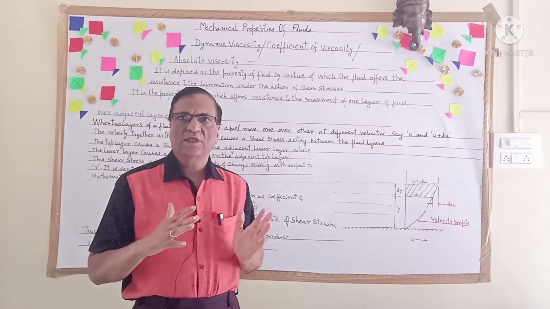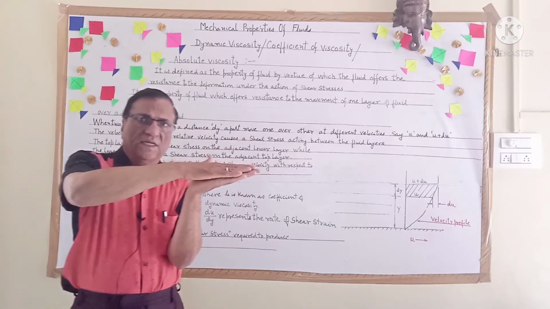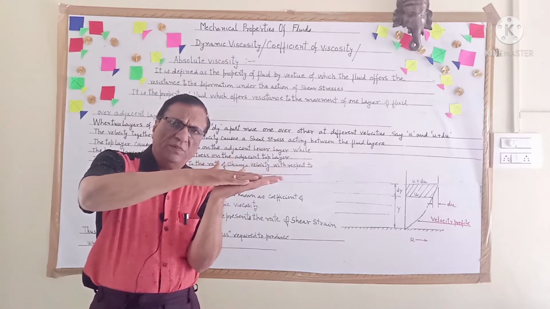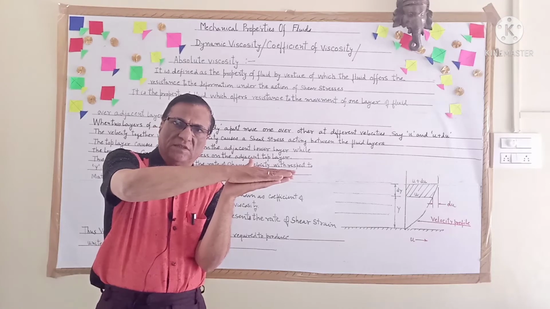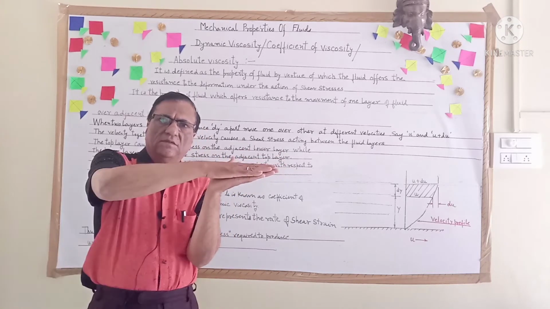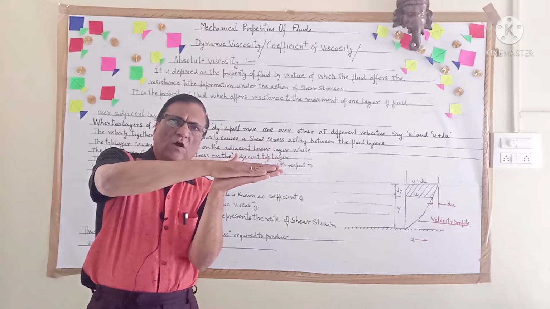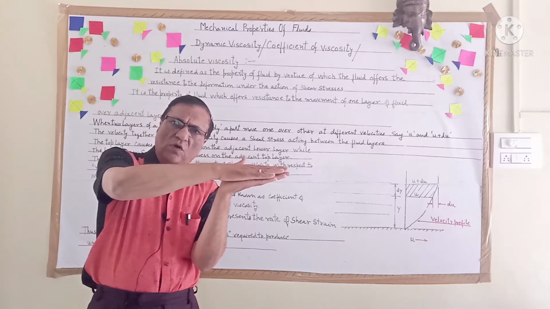Suppose it is flowing in the form of layers. This is top layer and this is lower layer. Then top layer moves with higher velocities and the lower layer will flow with less velocity, as the lower layer offers the resistance to flow.